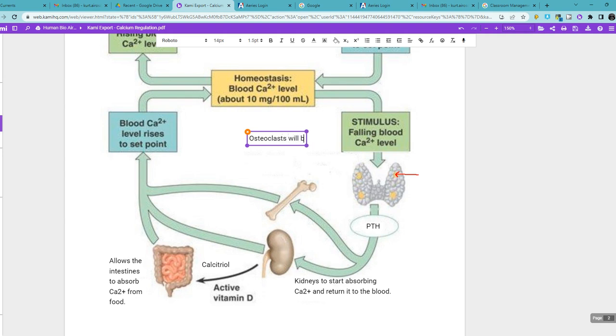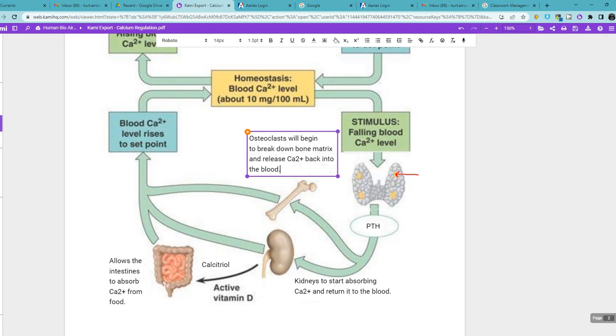They'll begin to break down bone matrix, the bone tissue, the calcium phosphates, the mineralized salts, and release Ca2+ back into the blood.